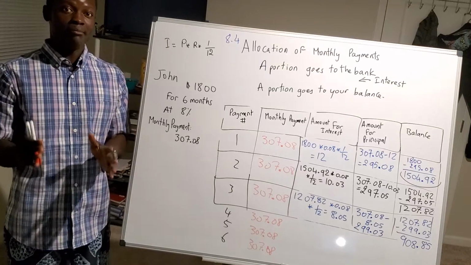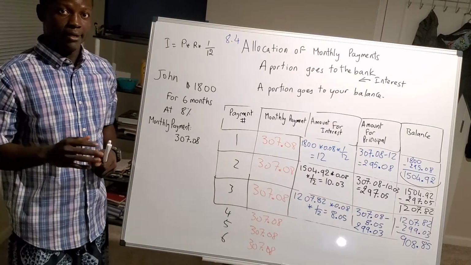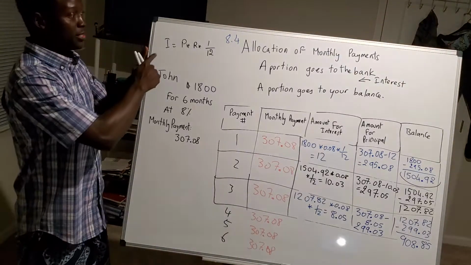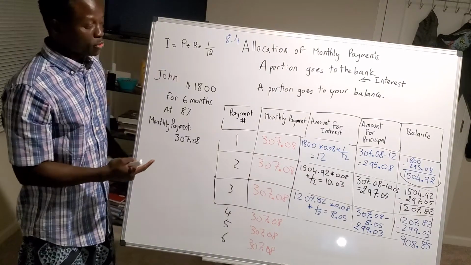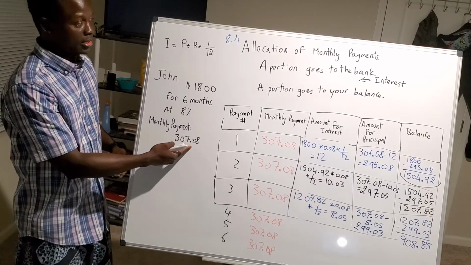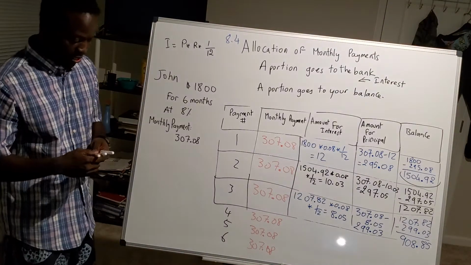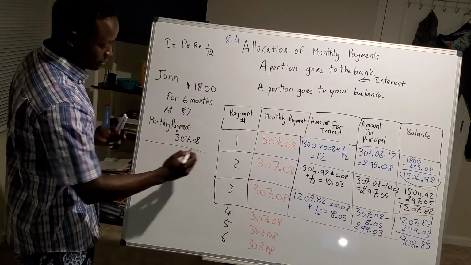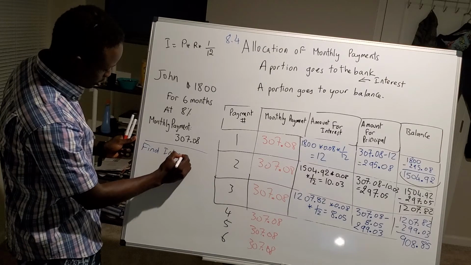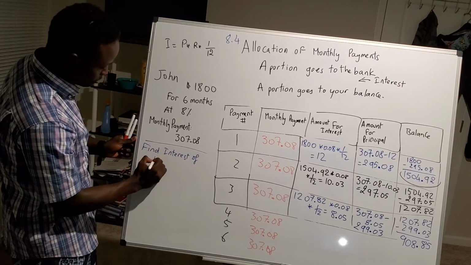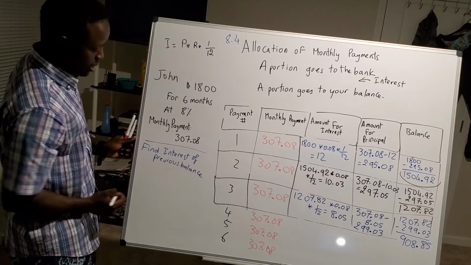So the main thing to learn about allocation of monthly payments is: find the interest of the balance, right? Subtract it from the monthly payment, and then subtract that from the balance, right? So I'm gonna write that here. Find the interest of previous balance.